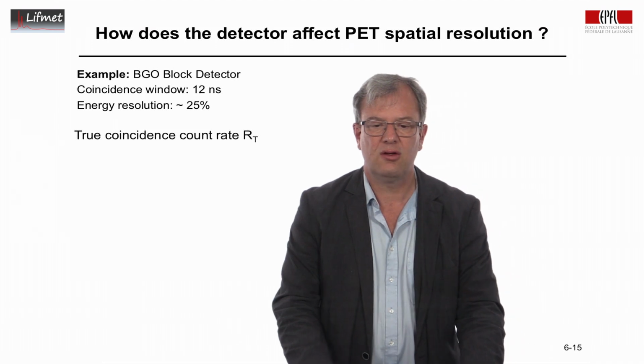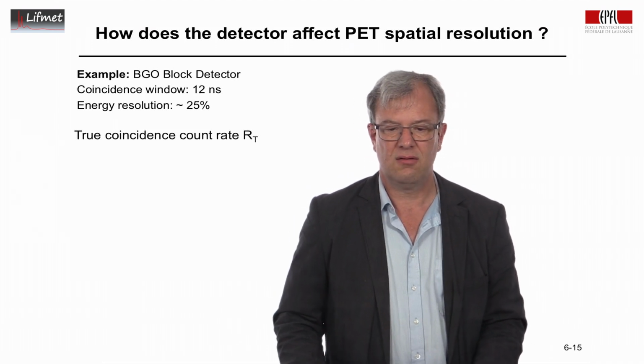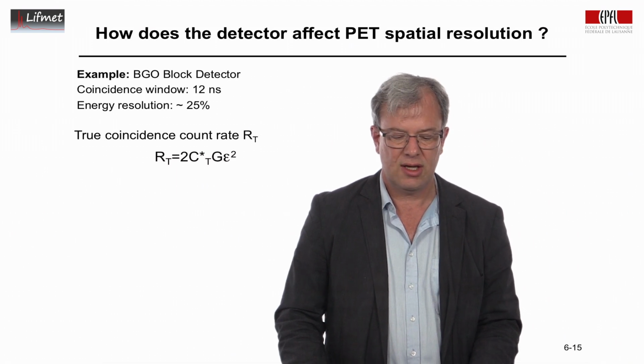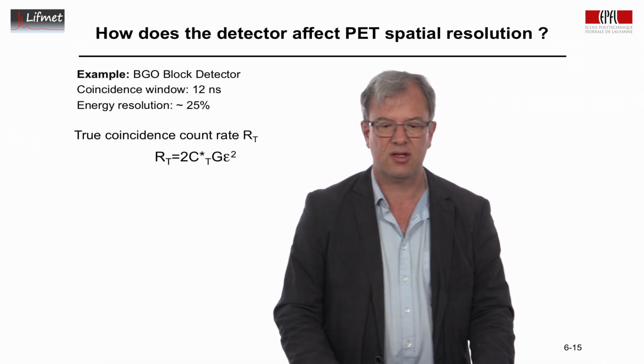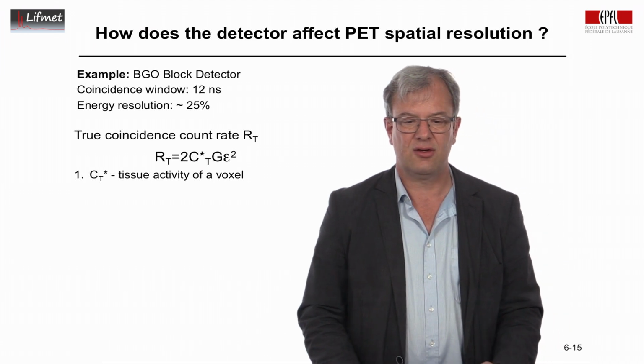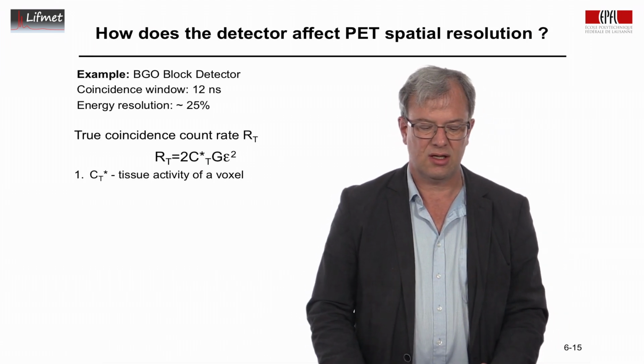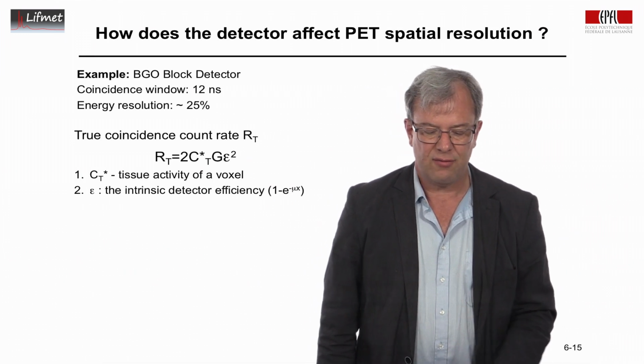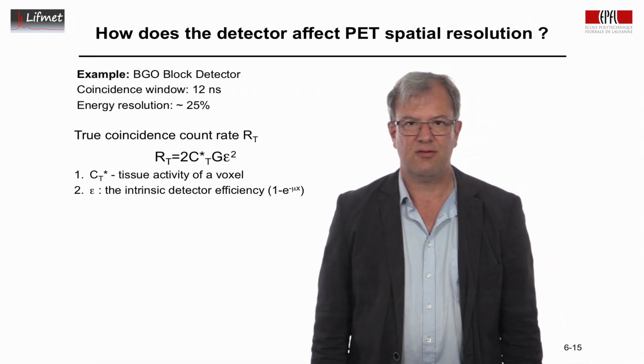Now, we will look at the true coincidence count rate. We'll call that RT, for trues, and it is given by 2 times the tissue radioactivity times the factor, where CT star is the tissue activity of a voxel. Epsilon is the intrinsic detector efficiency.